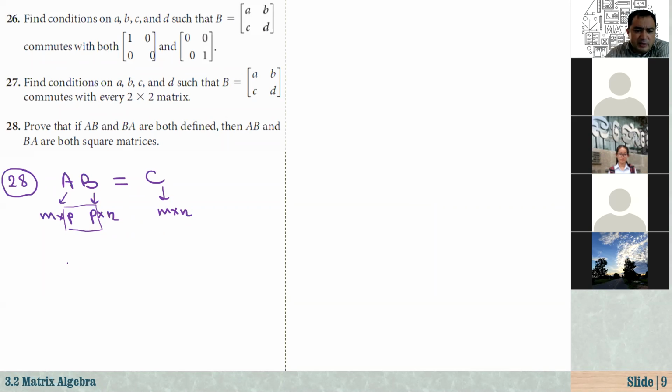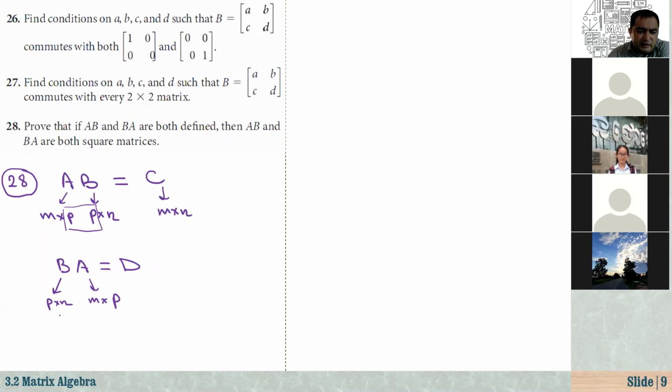Okay, now how about BA? We are talking about the same matrices. If this BA is defined, let's say the product is equal to D, and then what is the dimension of B? It is P by N. And how about A? It is M by P, right?